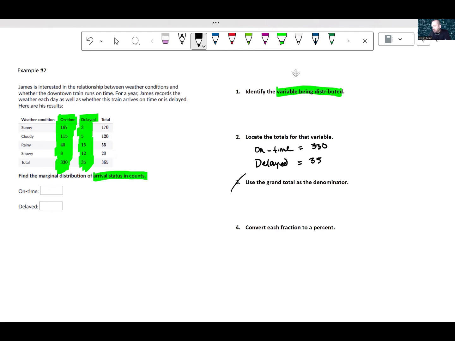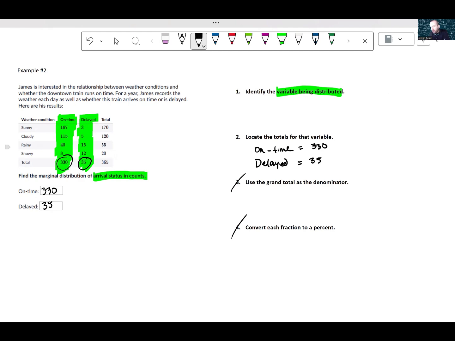And then we don't need to do 3 or 4 because it just wants to know in counts, what's the number? So what's the number of on-time trains? 330. And what's the number of delayed ones? 35. So we're just looking at the marginal total there.